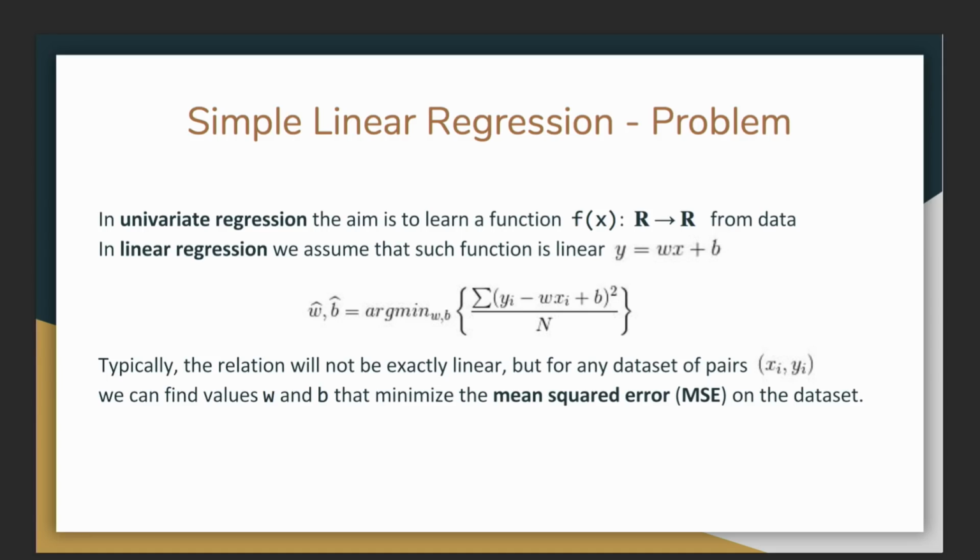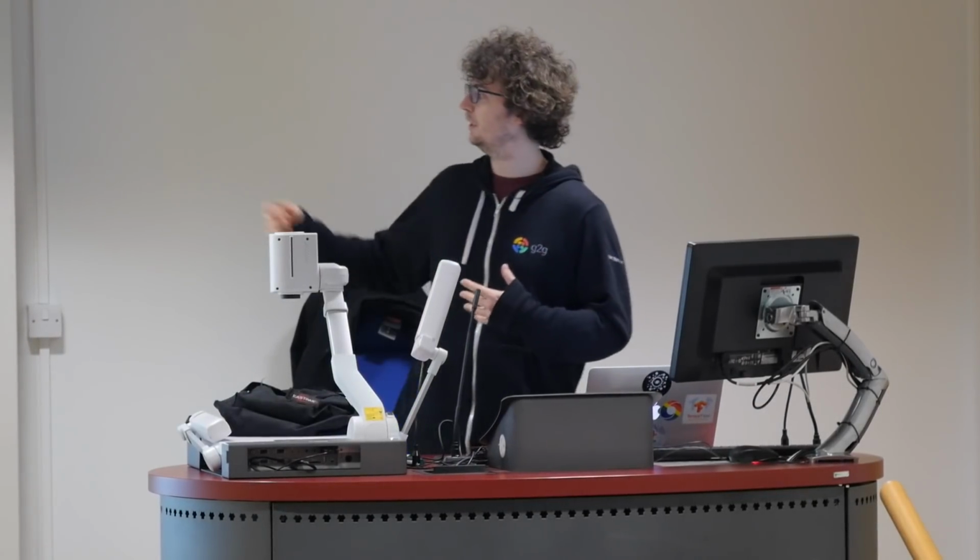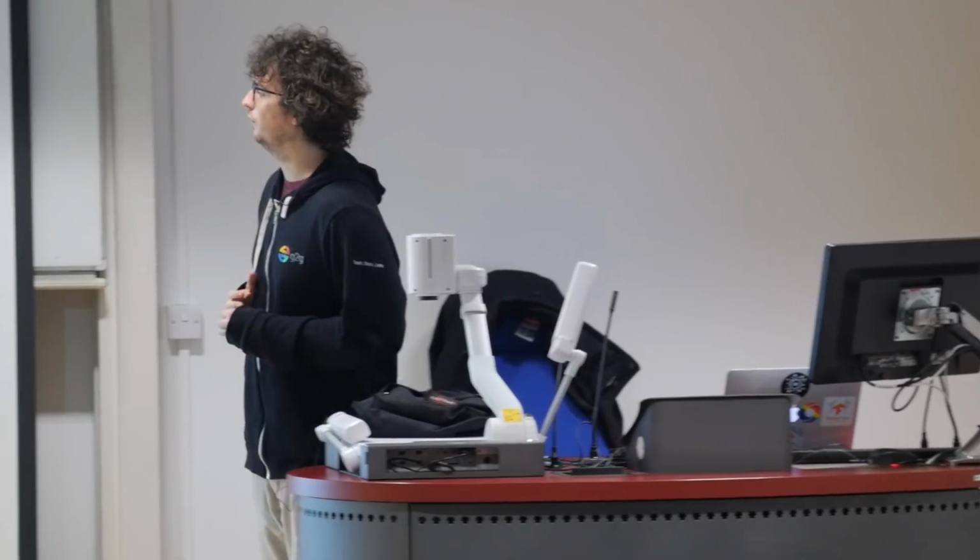Typically, in the data itself, this relation will actually not hold. It's rare that the data itself is exactly linear, but for any data set of pairs of inputs and outputs where both are scalars, you can find values for W and B in the linear equation that minimize the error, the mean squared error on your data set. So you can find a specific pair of coefficients such that if you use those coefficients to predict the output from the input, the average squared error on the data set is minimized.